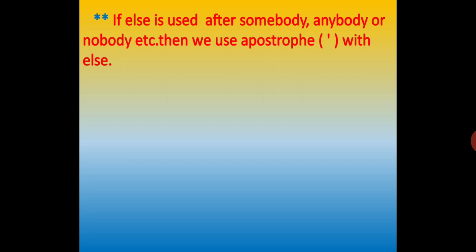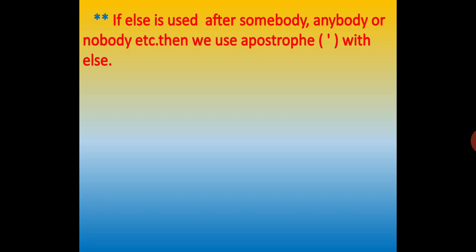Let's move on. The last rule of the possession. If else is used after somebody, anybody or nobody, etc., then we use apostrophe s with else.